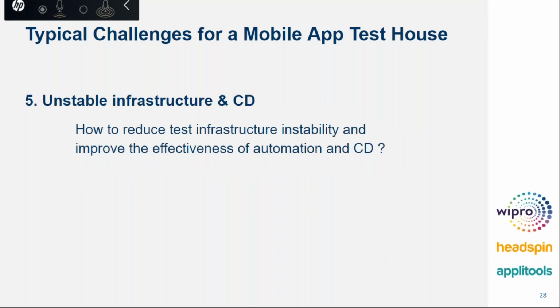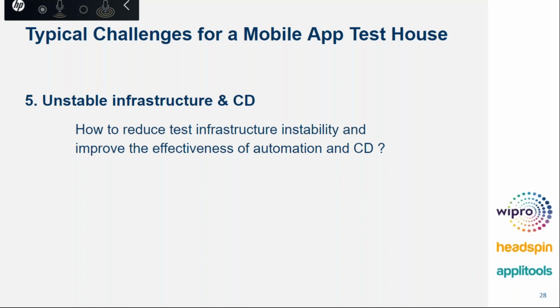Unstable infrastructure is another important challenge for mobile testing. As we know, mobile test infrastructures are not as stable as other traditional channels. Issues like freezing of the devices, network drop, USB connector issues, etc. can happen anytime, which can reduce your automation efficiency and derail your complete continuous delivery pipeline as well.